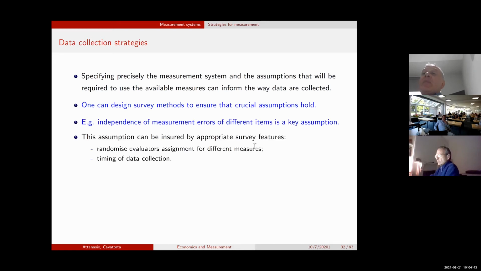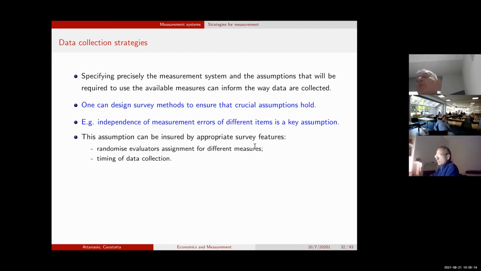One of my favorite examples, which I mentioned when I showed you the measurement system, is that to achieve identification you need at least 2 measures on which the measurement error is independent between those 2 measures. If you are in the business of constructing and collecting the data, you can do it in a way to make that assumption hold.